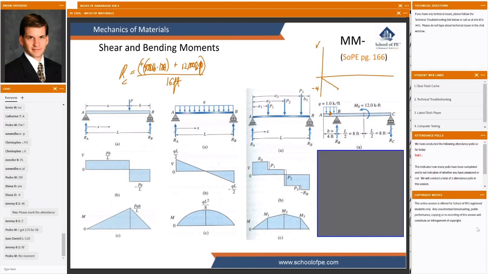So 4,000 times 18 plus 12,000, all of that divided by 16 is going to give us a value of 5,250 for the reaction force at B, which is going to take us directly up to a magnitude of 1.25.